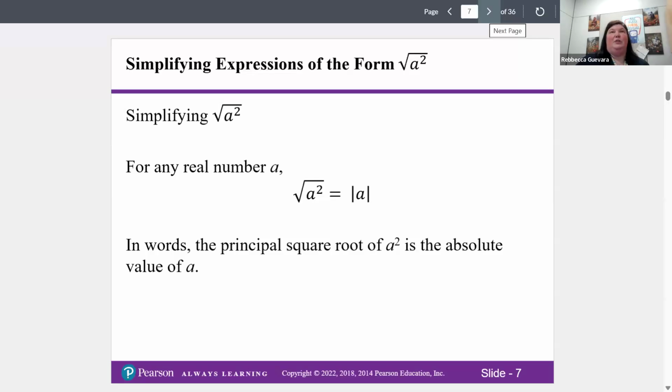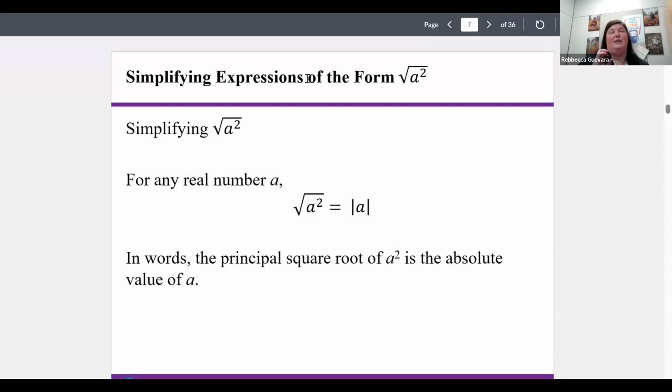All right, so just a few more little rules here, just ways that we talk about this. If we want to simplify the square root of a squared, so what we're going to do is, if I have 9 and I want to find a number squared that's going to give me 9, I actually have two choices. 3 would work, and -3 would work because either one of these squared gives me 9.